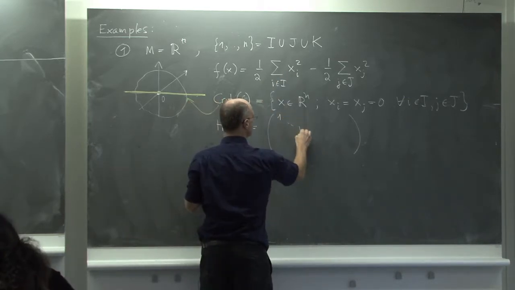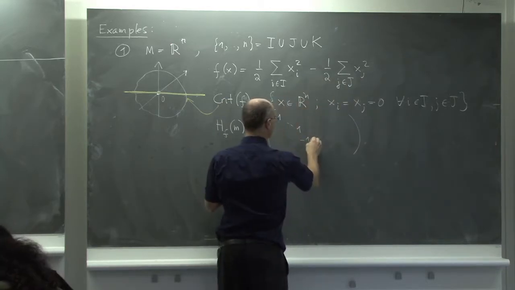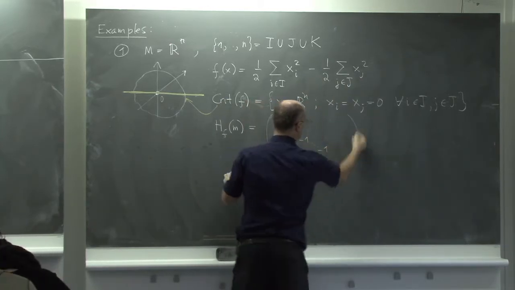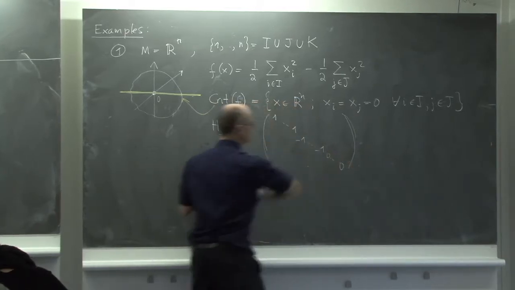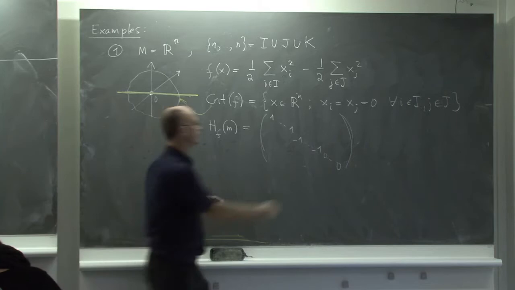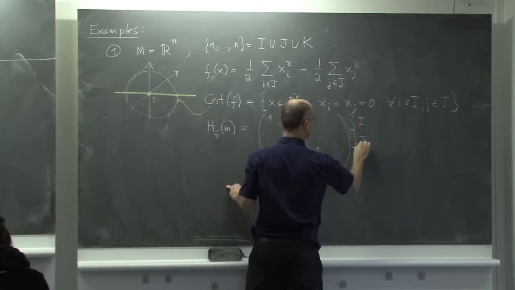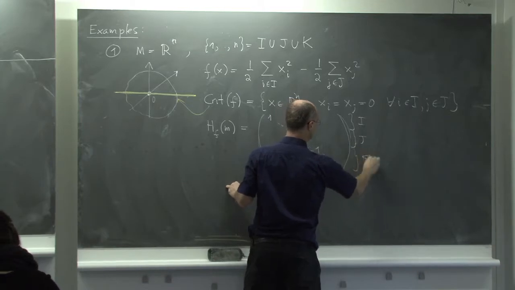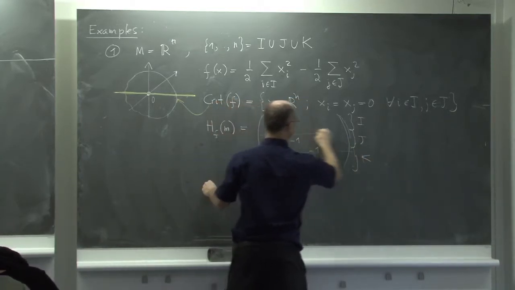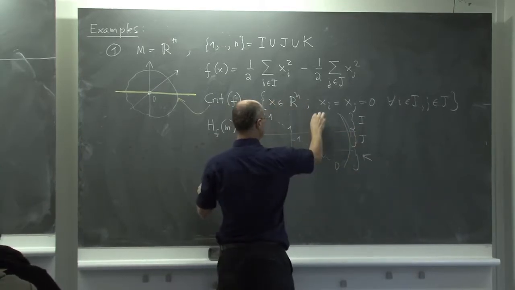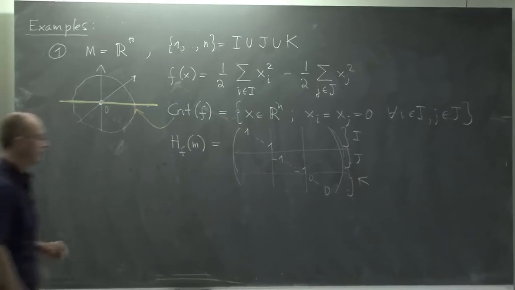Then with respect to the x_j's, they are minus ones. And then finally, there is no x_k dependence. So that corresponds to I, that corresponds to J, and this is the subset K. These are the corresponding blocks.